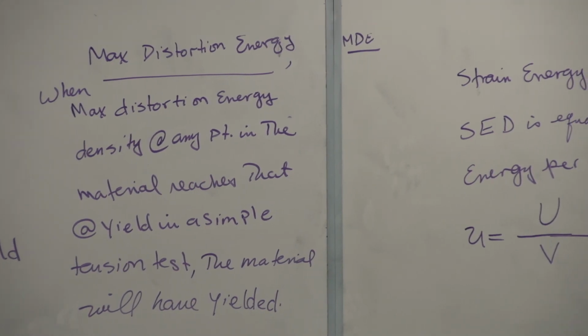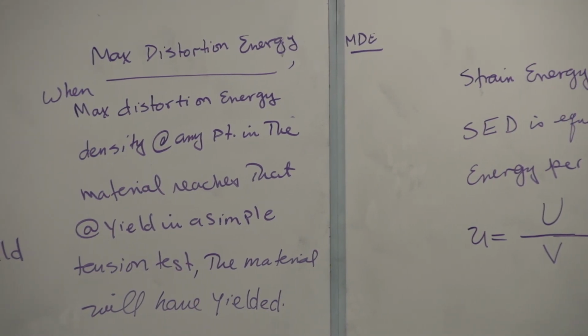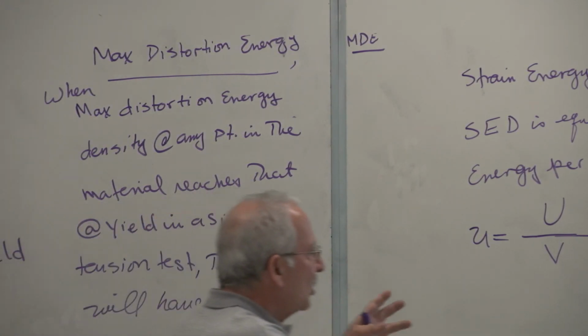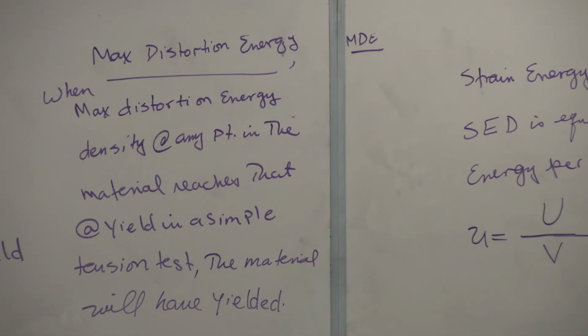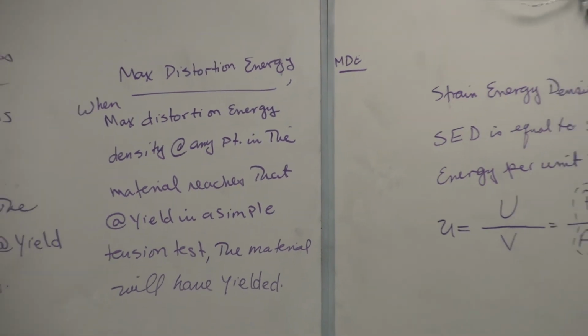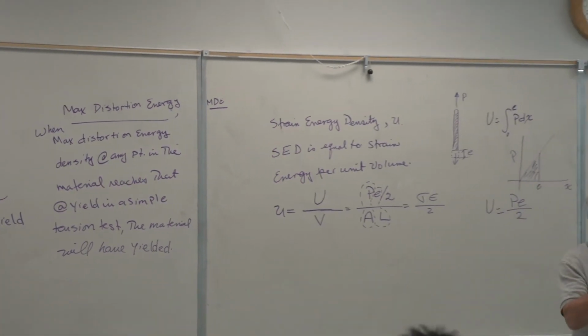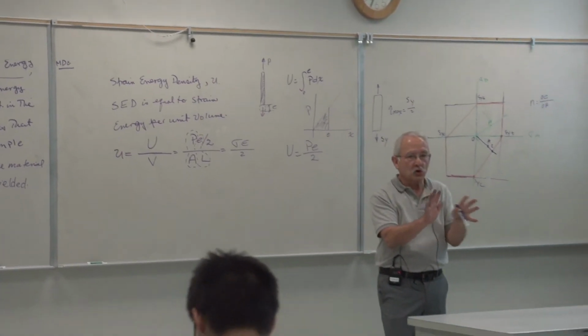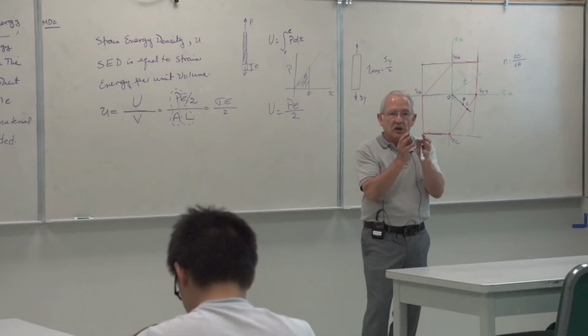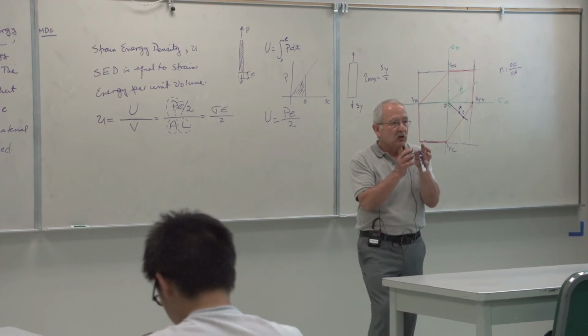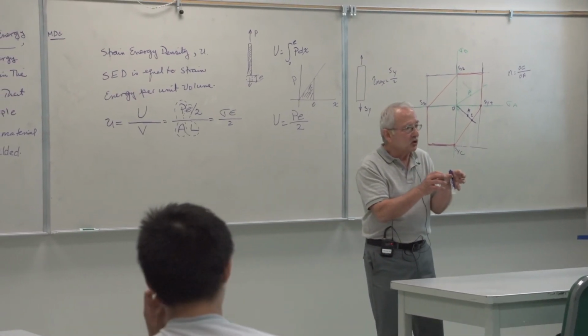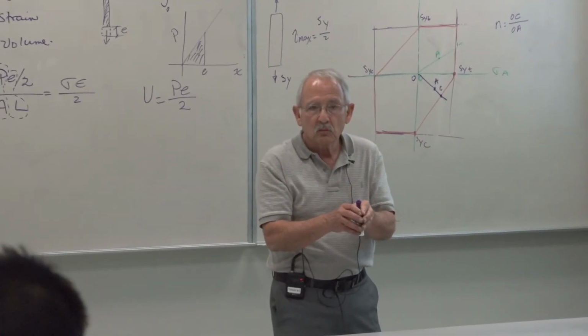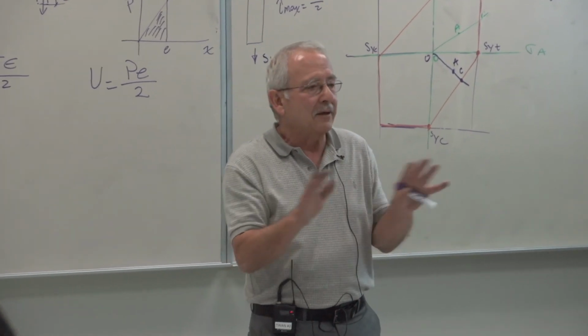So what do we mean by this distortion business? We say the strain energy that goes into the material is divided into two parts. One part produces only shape change, no distortion. In other words, if the shape of the material to begin with is a cube, it will remain as a cube, no angle change.